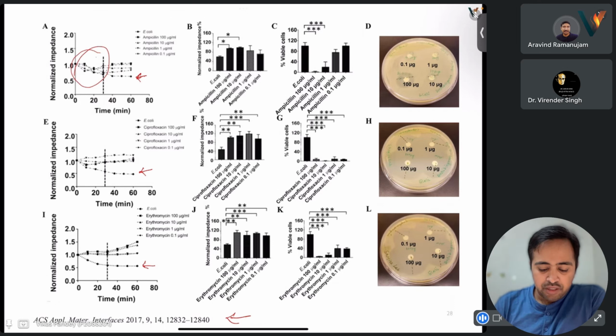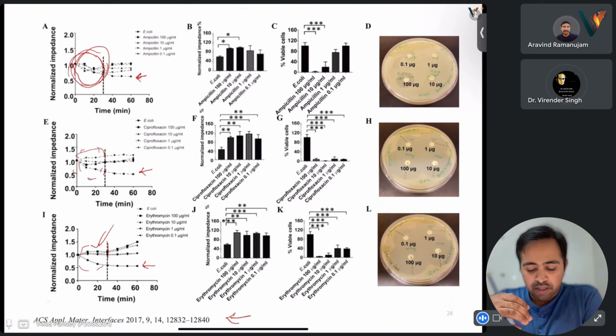At the beginning we can have some different proportion. In this case, it is working very fast. We can say this is a bit slow and this is the slowest drug. But yet all of them are acting.